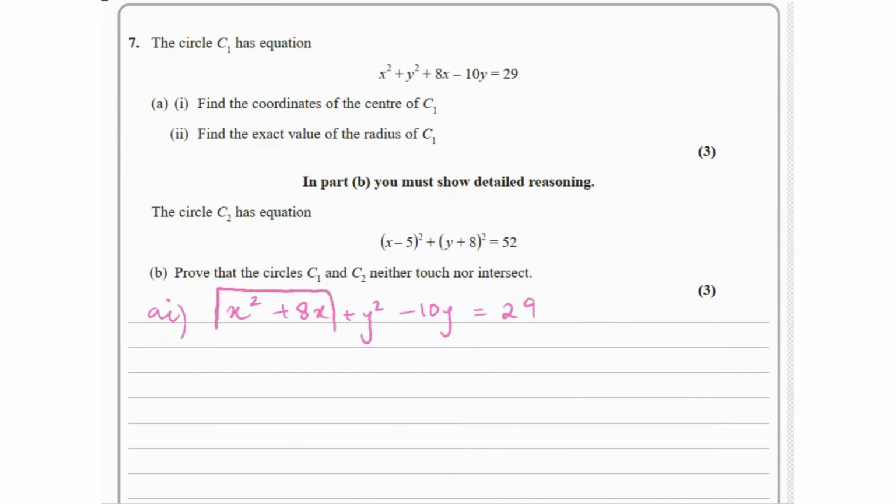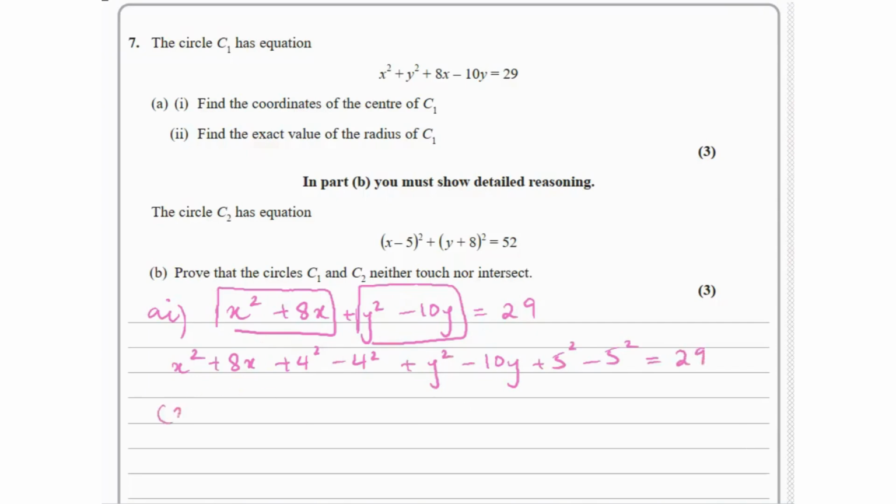We will use completing the square on these separately. To complete the square for x squared plus 8x, we add 4 squared and then minus 4 squared. For y squared minus 10y, we add 5 squared and minus 5 squared. So that's x plus 4 whole squared minus 16, plus y minus 5 whole squared minus 25.